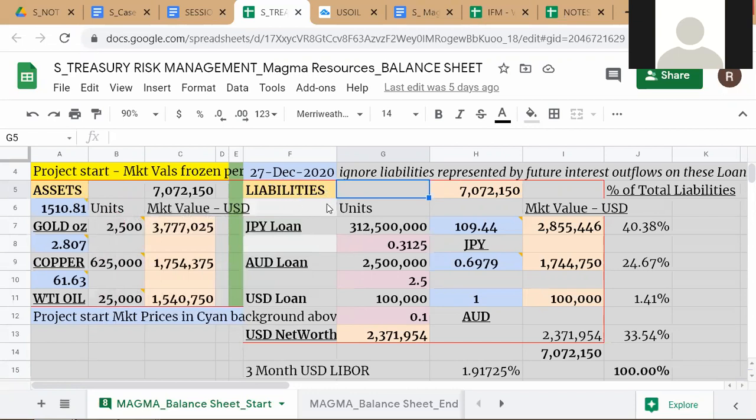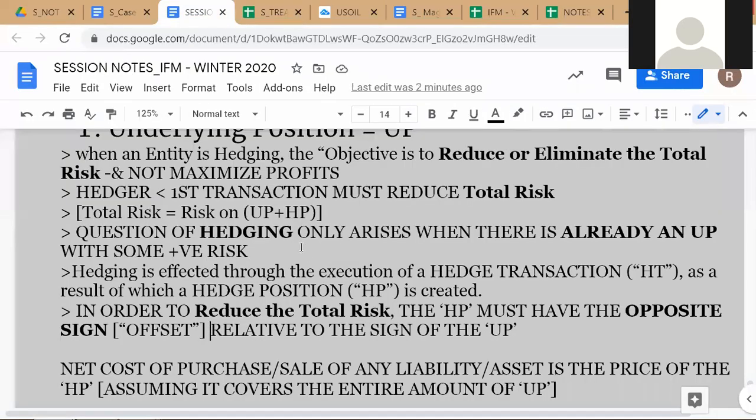But because they're occurring on the liability side, there will be positions where you are actually short, because you have to pay. Everything on the liability side is you have to pay. You owe this stuff. So anyway, the point is that if total risk has to go down, the HP must have an opposite sign to the UP. That's why we make the statement. This is to understand the whole statement on HP in Hull Basu, where he's talking about offset, but they have not explained this whole scheme.